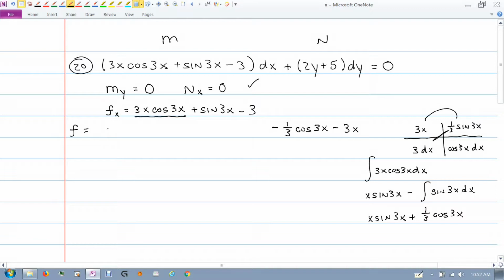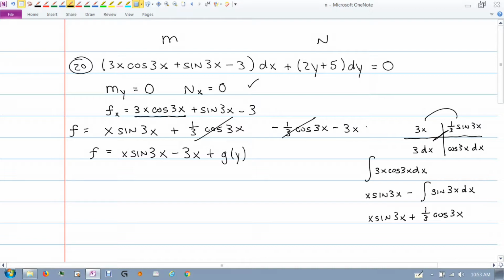So that goes here, x sine 3x plus 1/3 cosine 3x. And I'm very happy to see that because that's going to cancel. So we get that f is really just x sine 3x minus 3x plus some function of y.